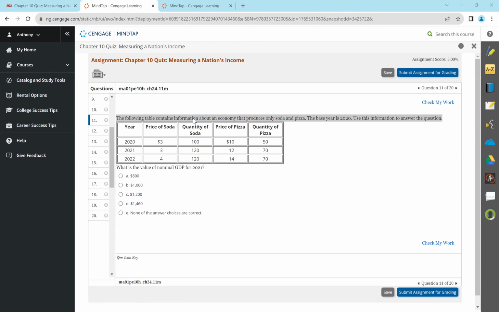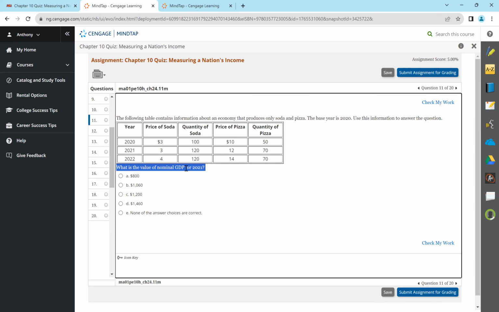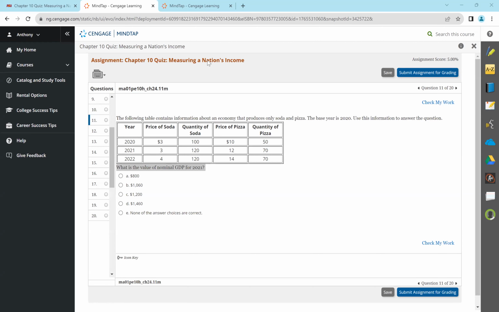Percentage increase, we don't want that. We have questions about nominal GDP. Nominal GDP in each year.